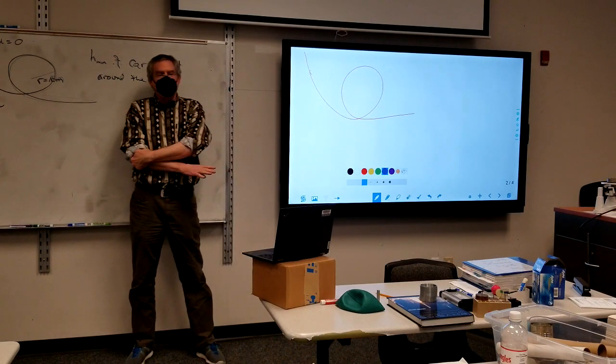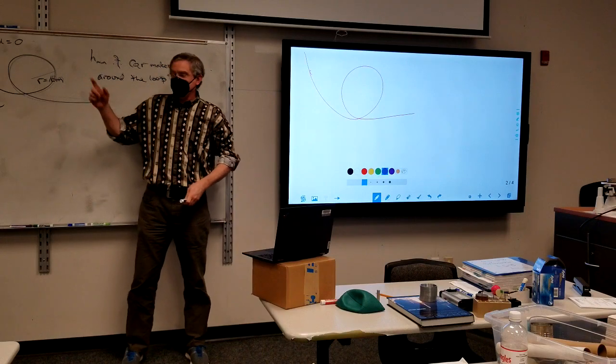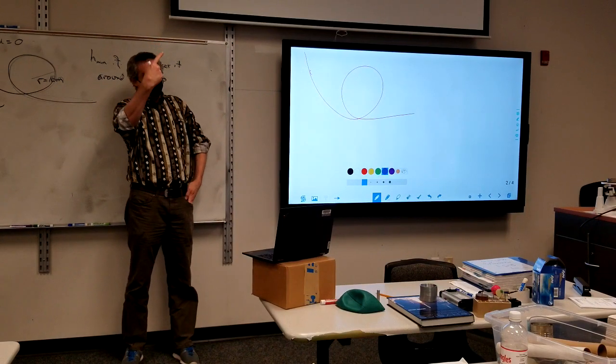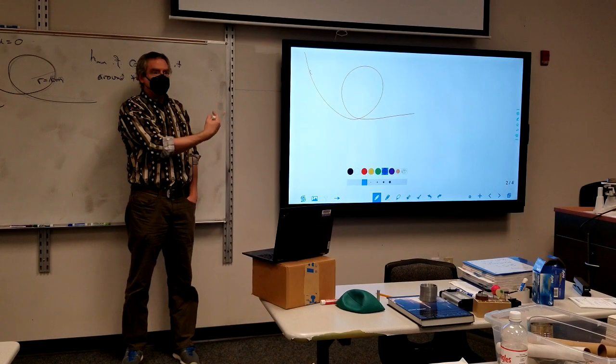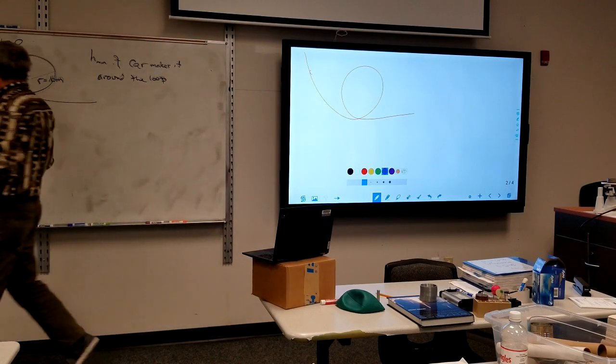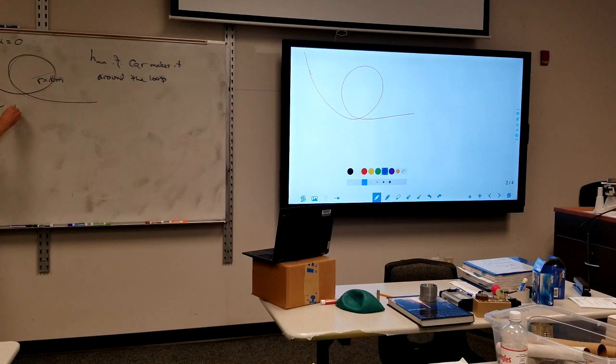I'm not saying that normal force can't do work in general, but in this case the normal force is always going to be perpendicular to the track, perpendicular to the movement of the object. That makes sense. So the normal force doesn't do any work, since it is perpendicular to the displacement. So the only thing doing work is weight.